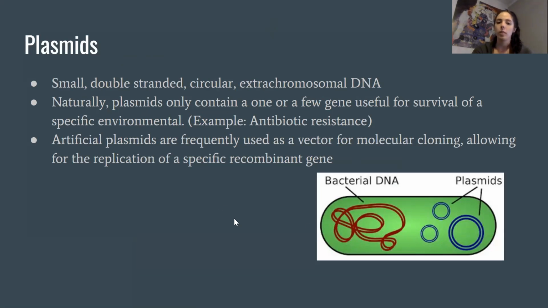Naturally, plasmids only contain one or a few genes that are going to be useful for survival in a specific environment. So if you think of some environments that bacteria might be facing that would be dangerous to them, we could think that genes of antibiotic resistance might be useful, or maybe the ability to metabolize certain nutrients in their environment in cases of high cell density.